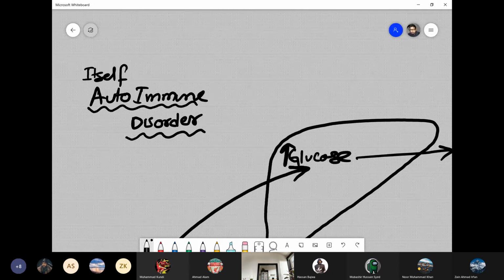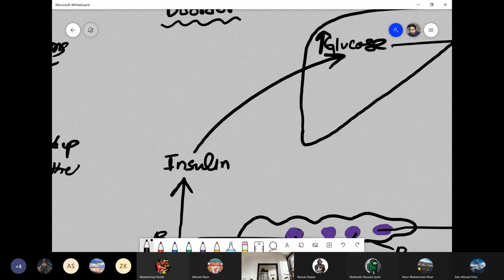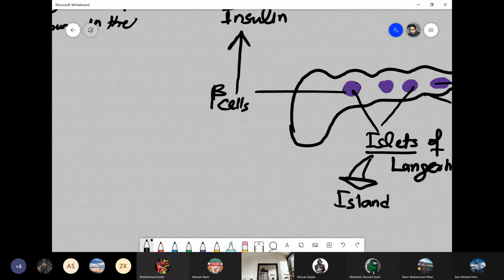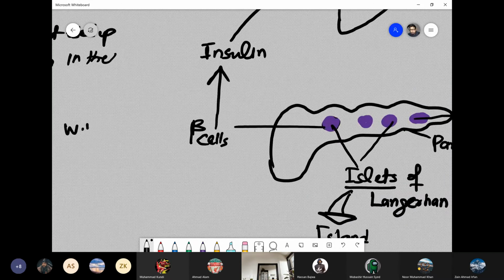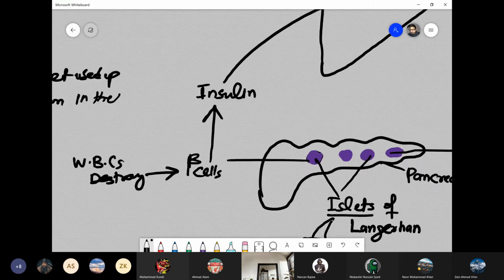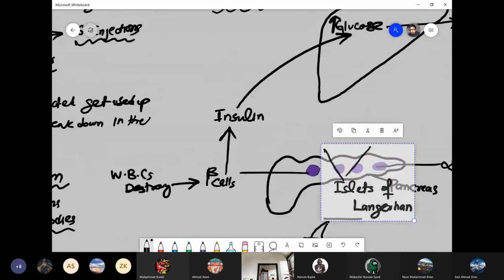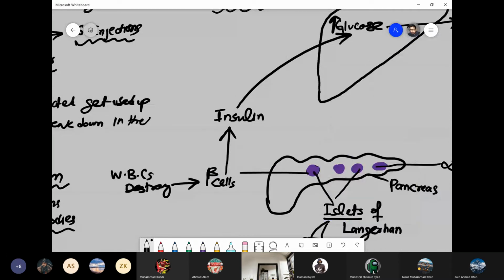Now the white blood cells go mad and destroy our own body's beta cells. Boys, imagine when the white blood cells go mad and destroy a person's own beta cells, the body cells.